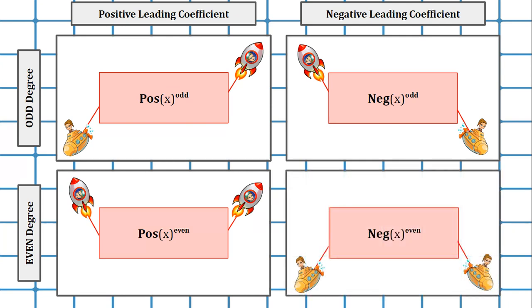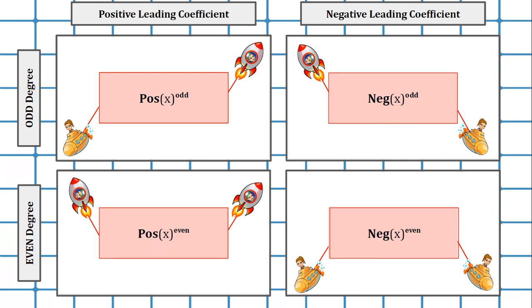So the last one, if I have a negative leading coefficient and an even degree, they're both going down. So as x approaches negative infinity, f of x approaches negative infinity. As x approaches infinity, f of x approaches negative infinity. So this is a great visual to have in your notes. I write this all over everything when I'm working with polynomials.